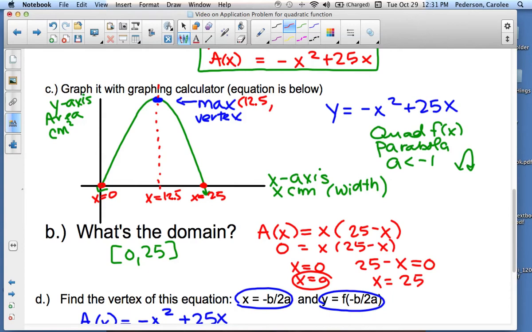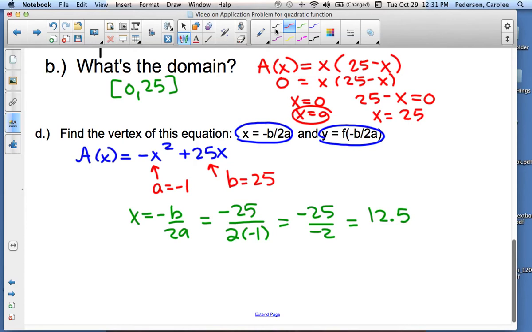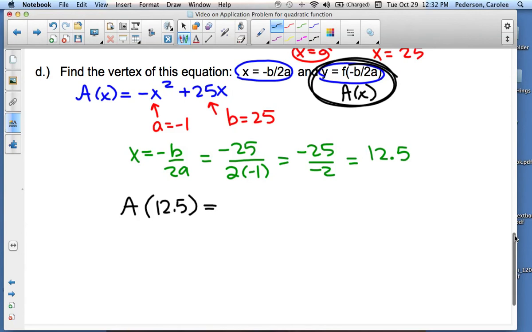We want to find out what is the maximum area. Then we have to find out what A of x is, this piece right here. So to find A of x, we just substitute 12.5 into the function. So we're using this blue function right here.